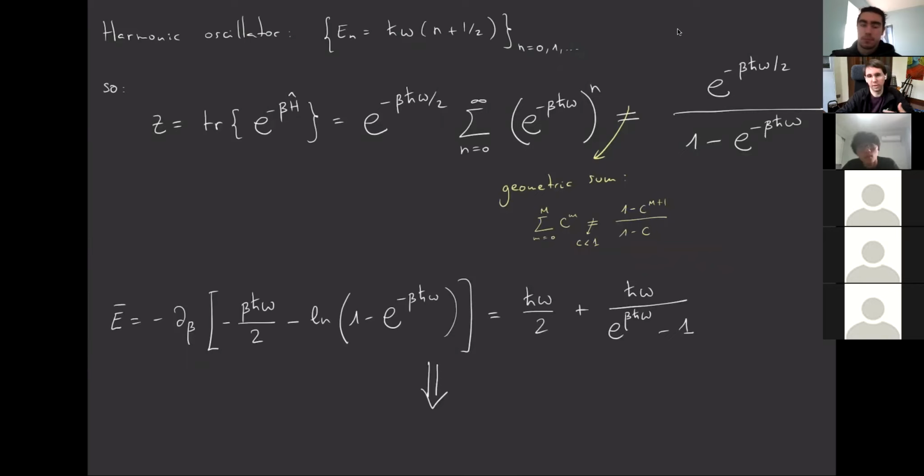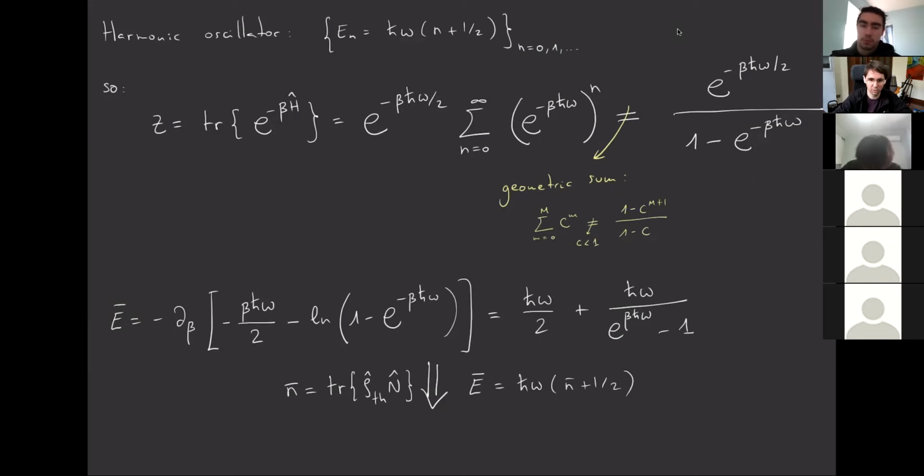Because if we define, instead of the average energy, the average excitation number or number of quanta, as the expectation value of the number operator in the thermal state, then by definition, because the Hamiltonian is just h bar omega times the number operator plus 1/2, the average energy is equal to h bar omega times the average excitation number plus 1/2.